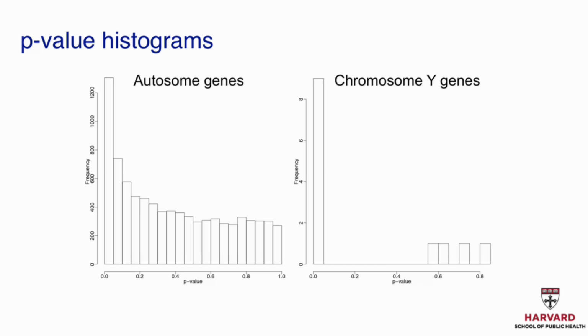But we suspect that the histogram on the left should just be flat. We just picked randomly the males and the females. There shouldn't be many differences outside of these chromosomes. So we suspect that these genes here are actually due to the batch effect. So in the next modules, we're going to show you two different approaches, ComBat and SVA, that adjust for batch effects and hopefully improve the results.